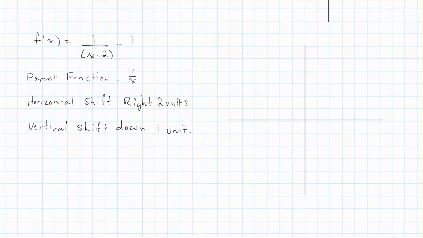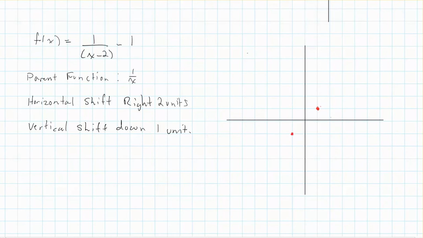So, again, sketch the parent function here. So we've got, now it's trying to move it, and I don't want to move it. 1 over x. So we have a point at 1, 1, negative 1, 1.